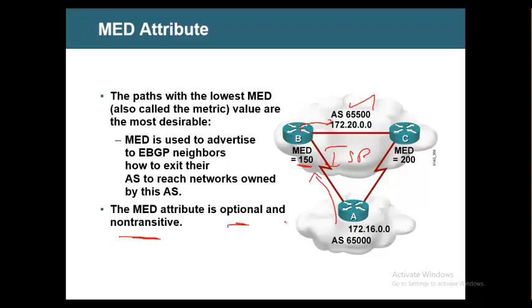A will also know it. A will know about it, but will this value be propagated further? No. I told you it will be advertised to the eBGP neighbor. So A will not advertise it again. No, it won't advertise to anyone else.